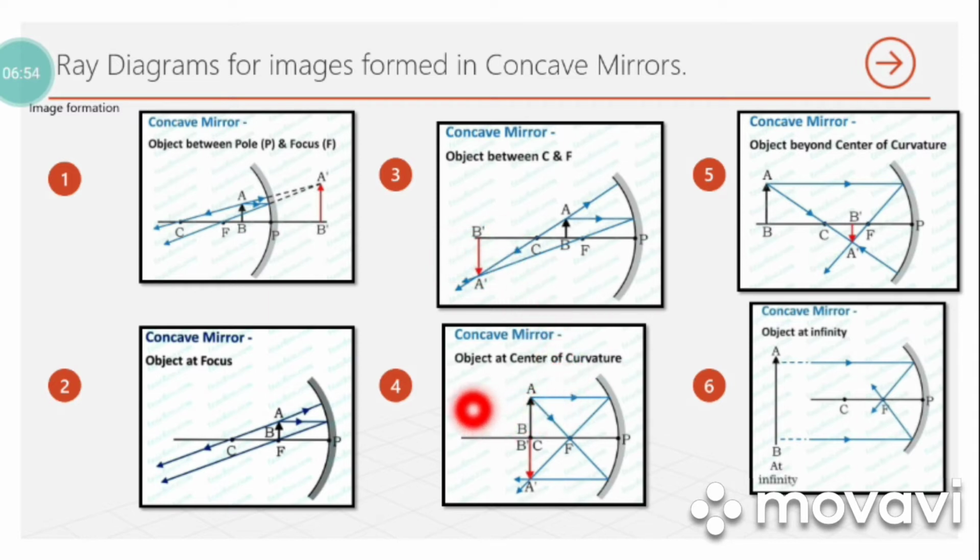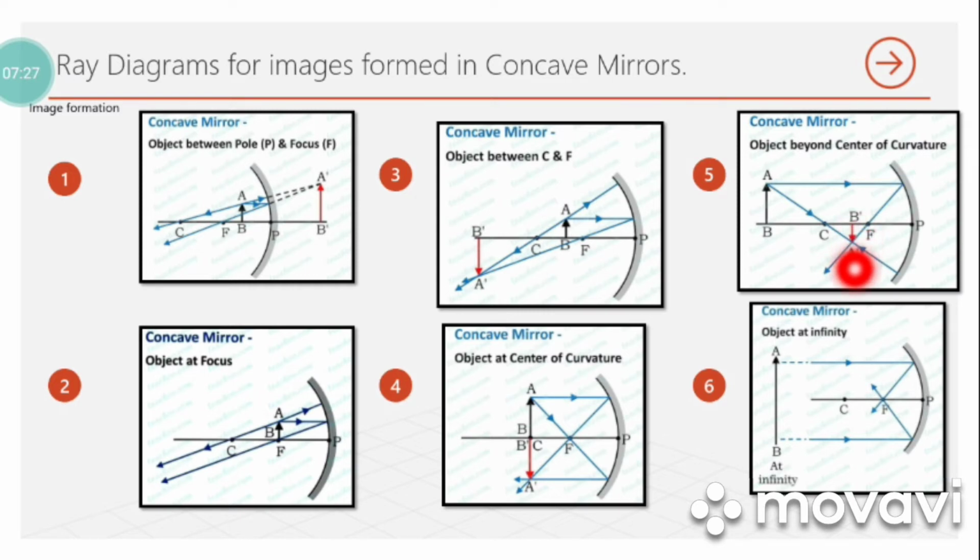In the fourth case, if the object is placed at the center of curvature, then the position of the image is also at the center of curvature, it is inverted, real, and of the same size as that of the object. In the fifth case, if the object is placed beyond the center of curvature, then the image is formed between the center of curvature and the principal focus.